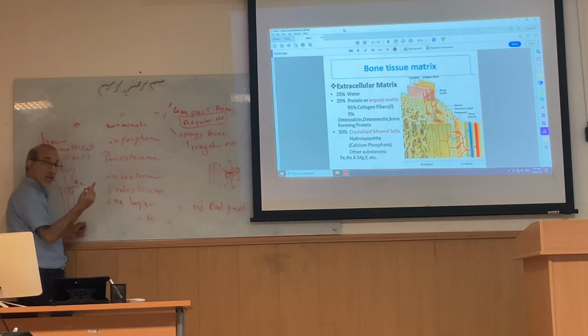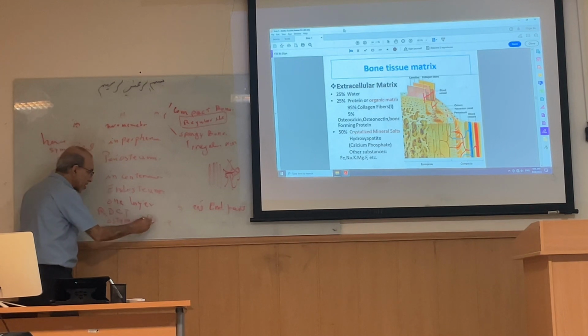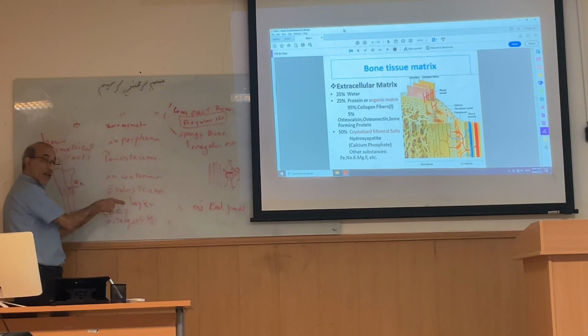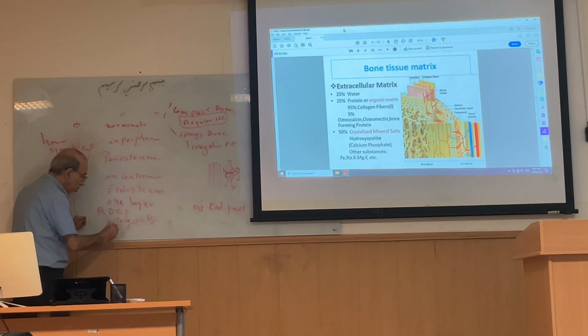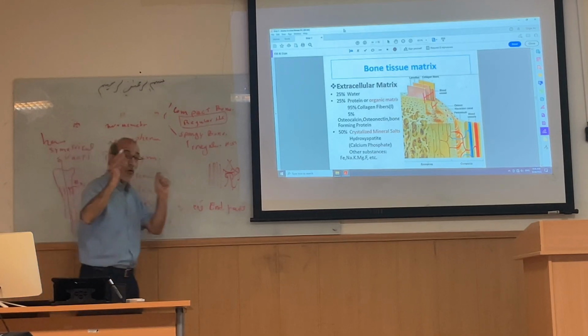This is dense connective tissue, regular dense connective tissue. It consists of osteogenic cells, osteoblasts, and osteoclasts.